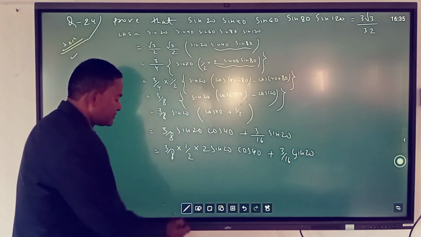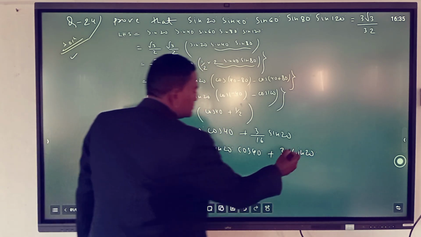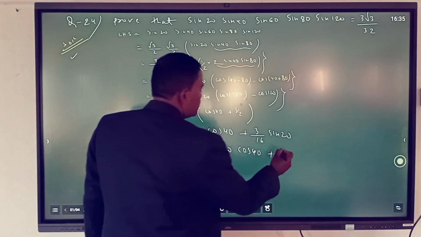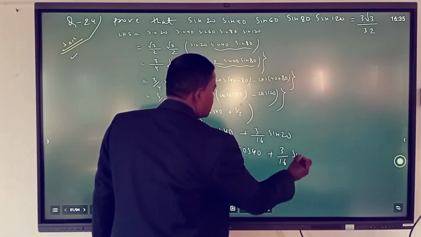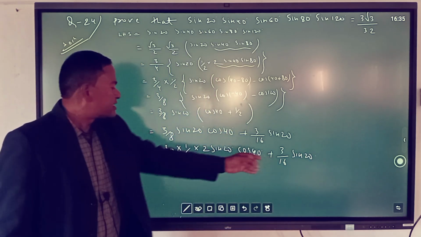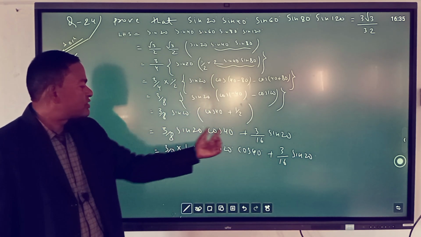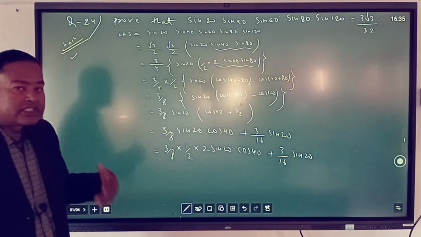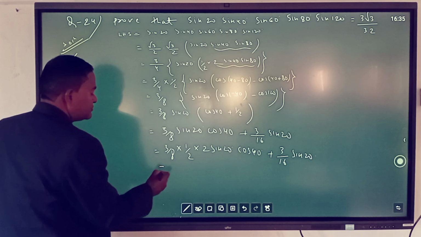So dear student, keeping the last term as it is, we have multiplied sin 20 and cos 40 by 2 and divided by 2, so that we can use the formula.